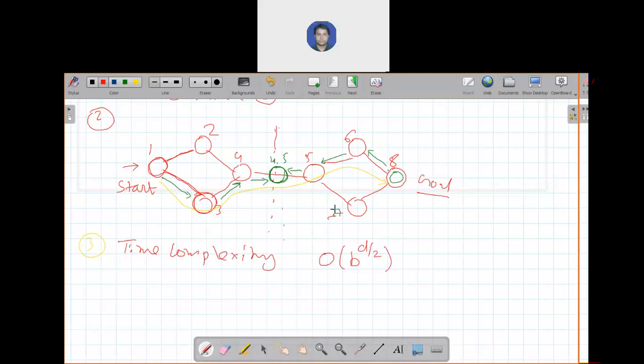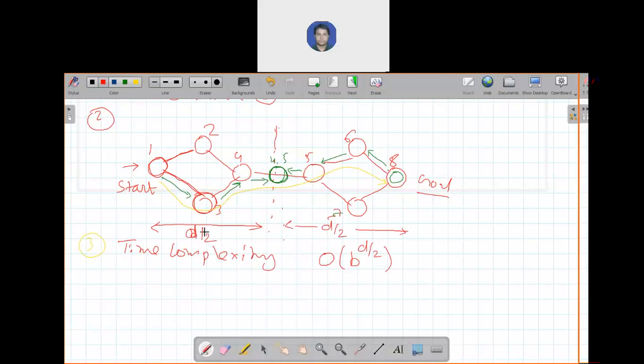The depth from the start state to the meeting state is d by 2, and here also the depth is d by 2. You divide your search space by half.